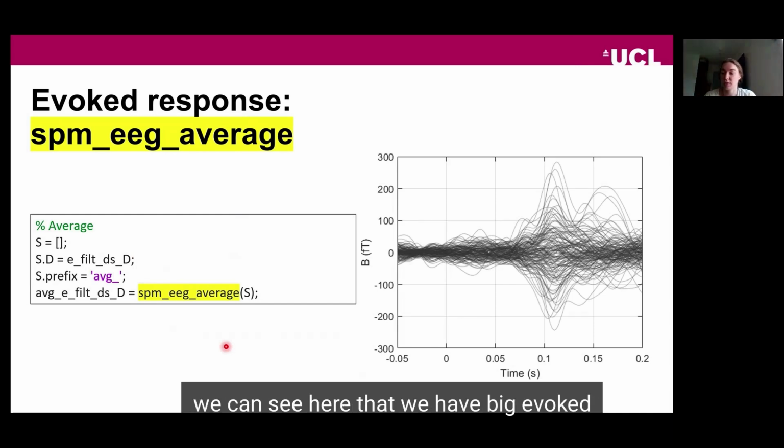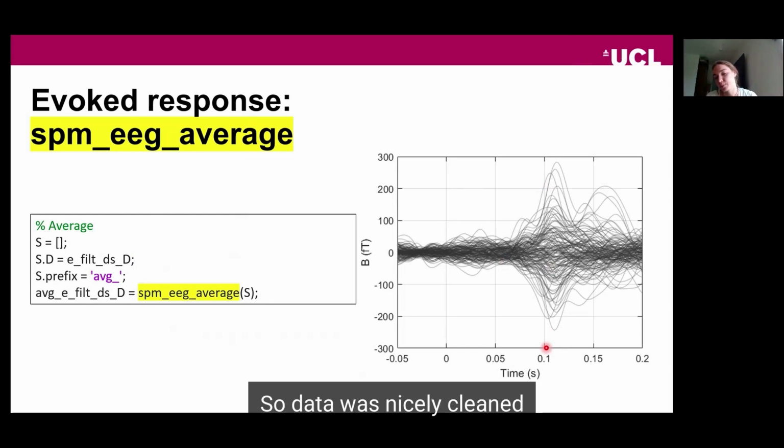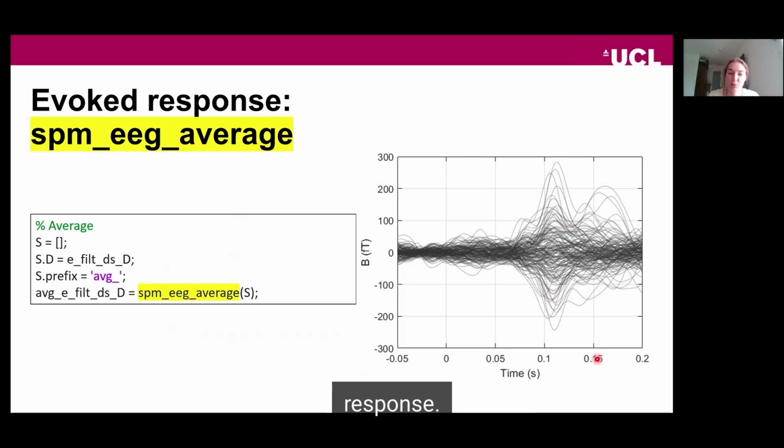We can see a big evoked response near 100 milliseconds, usually called the M100 response of the auditory evoked field. The data was nicely clean, there are no bad channels, and we can clearly see the M100 response.